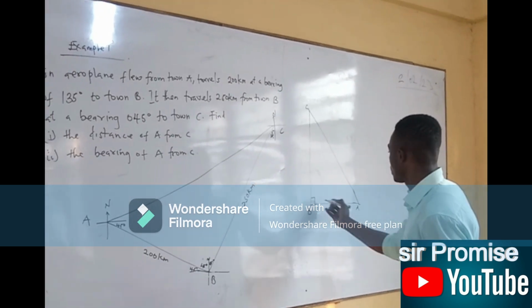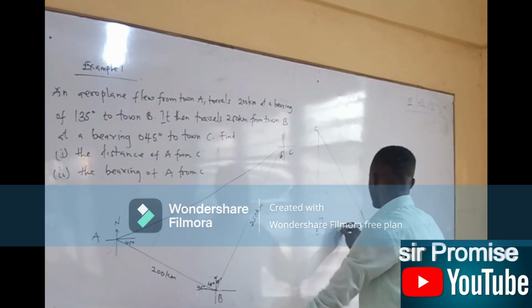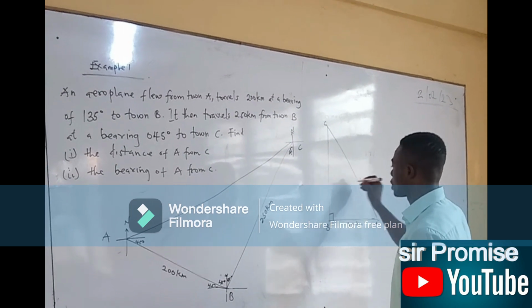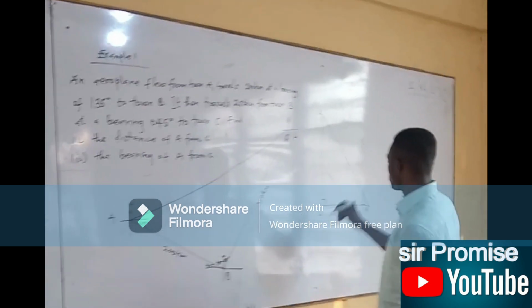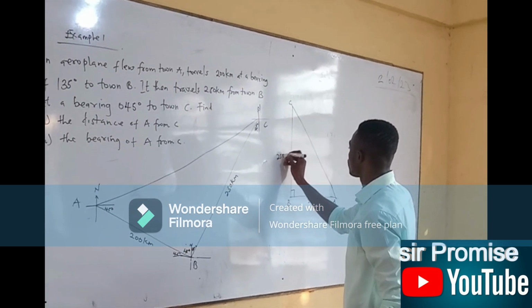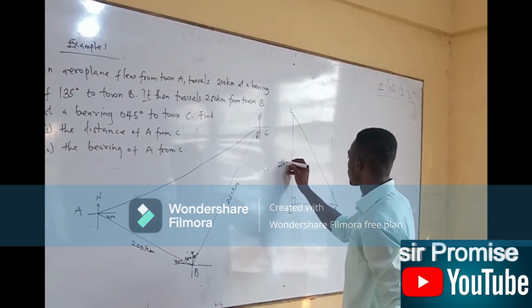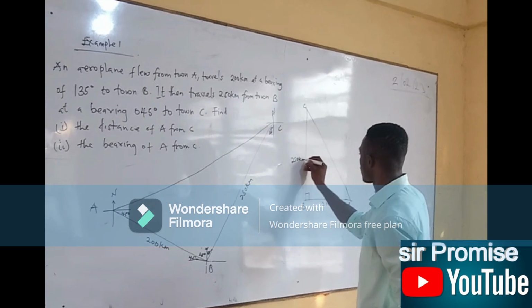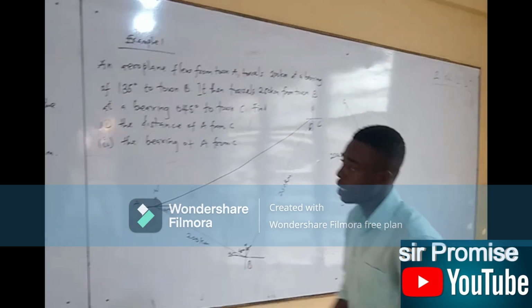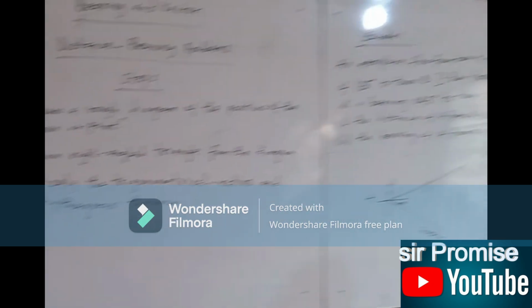So now here is recorded to be 200 and B to C is recorded to be 250 kilometers.